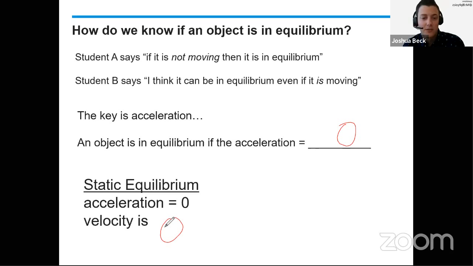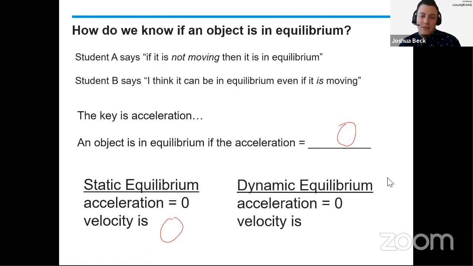And as long as the acceleration is 0, meaning that velocity doesn't change, then it'll be in equilibrium. Student B is talking about a possible case of equilibrium that we call dynamic equilibrium. Still an acceleration of 0. The only difference is in this particular case, the velocity is not equal to 0. But whatever that velocity is, it's going to be constant. It's not going to change.